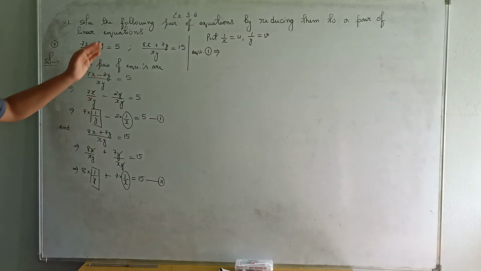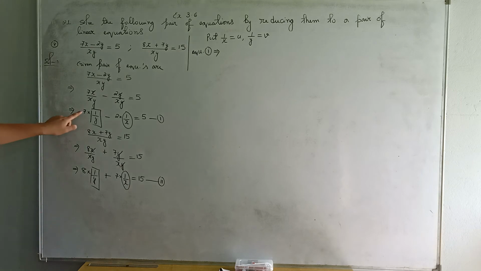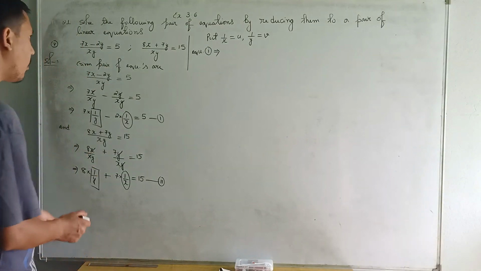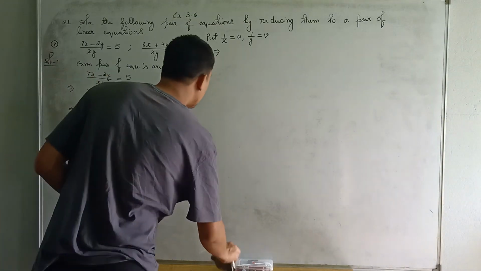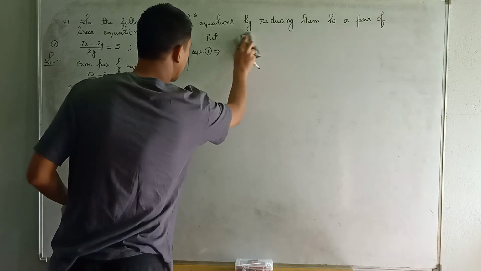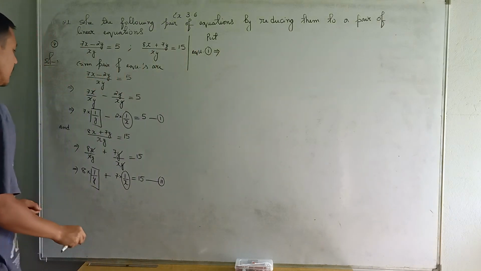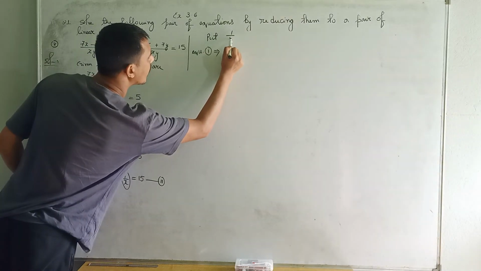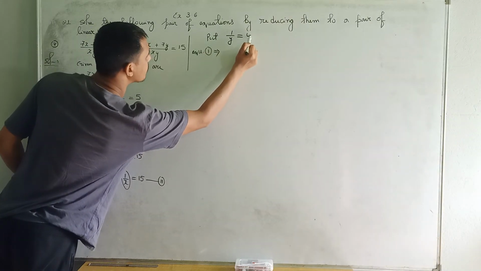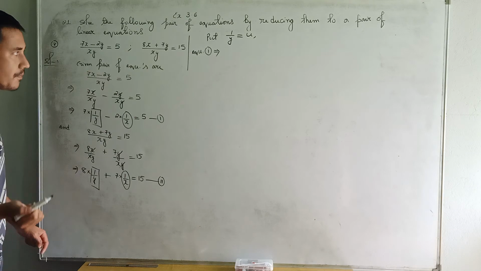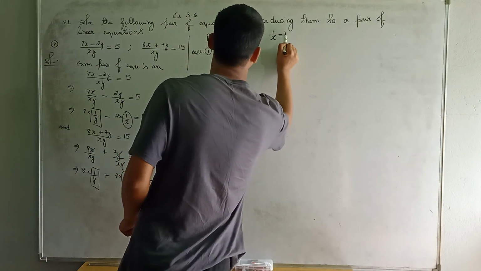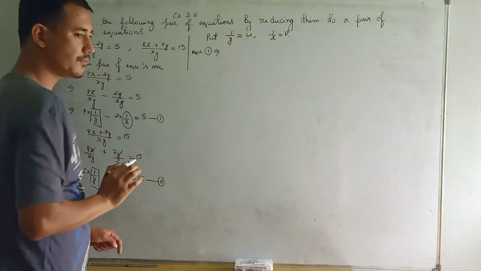So I'm putting 7 times 1 upon y. 1 upon y, we are taking it as v. Or if you are having confusion over here, then 1 by y can be replaced by u, no problem. And 1 by x can be replaced by v. Right?